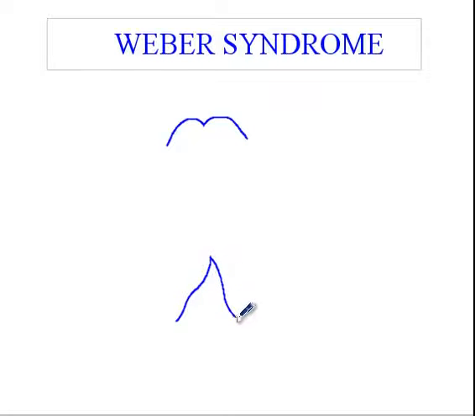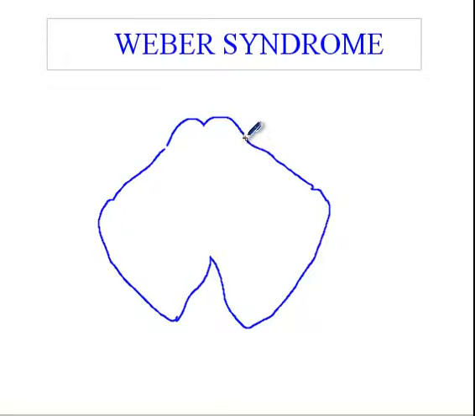This is a rough sketch of the midbrain. This is the anterior part, and here is the posterior part of the midbrain.